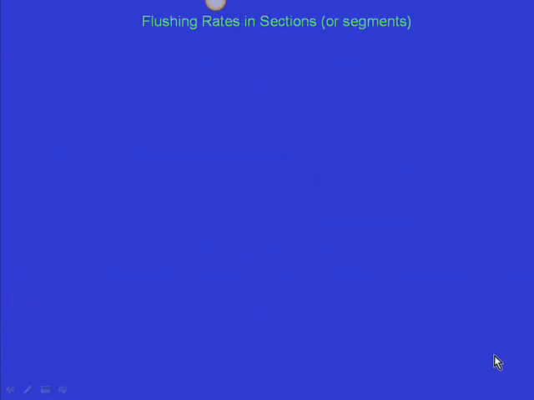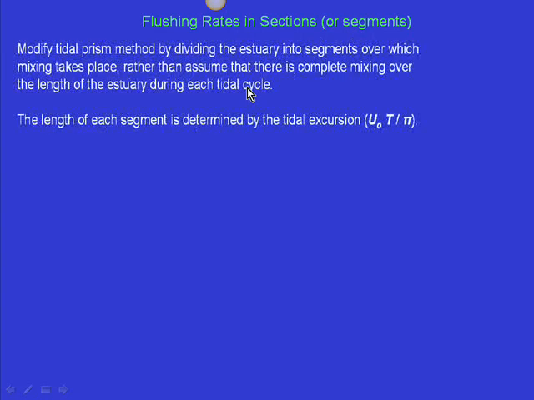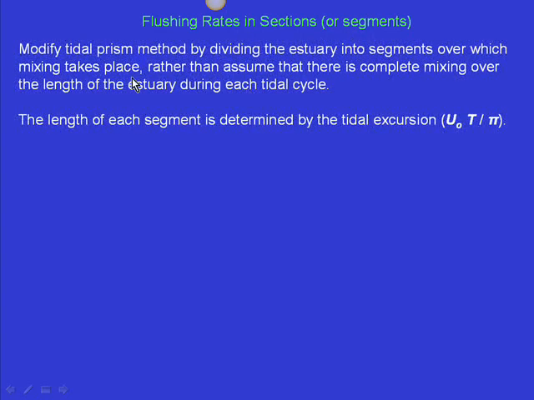All right, so let's go back to looking at how we can use the residence time using the tidal prism approach in sections or segments of estuaries where we can assume that there's complete mixing over smaller lengths of the estuary. So we will modify the tidal prism method, dividing the estuary into segments over which mixing takes place, instead of assuming that there is complete mixing over the length of the estuary during each tidal cycle.